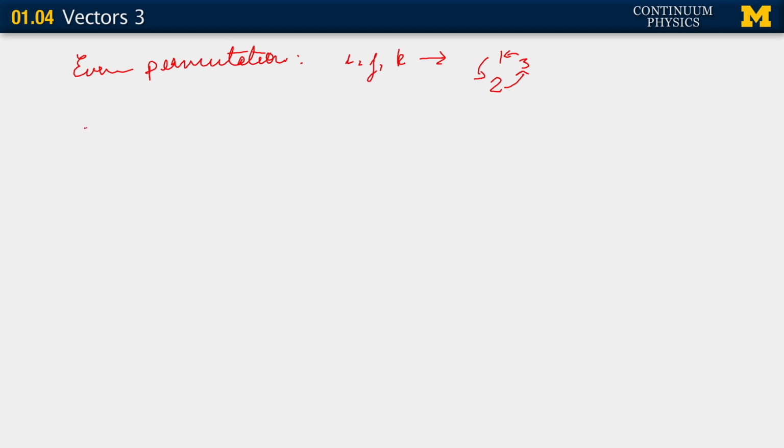An odd permutation is ijk simply going the other way now.